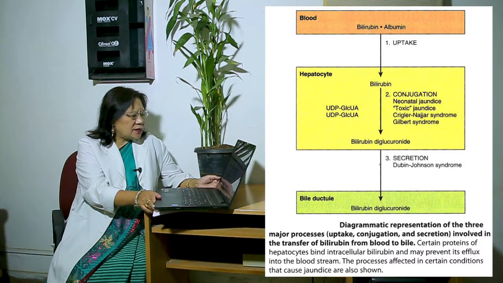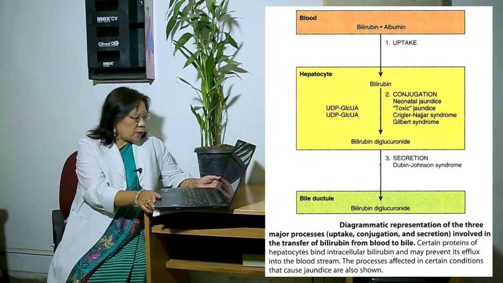And further, from the liver, it will be secreted into the bile ductule in the form of bilirubin diglucuronide. So this diagrammatic representation shows the three major processes, uptake, conjugation and secretion, involved in the transfer of bilirubin from blood to bile.